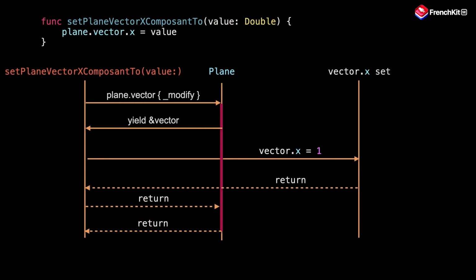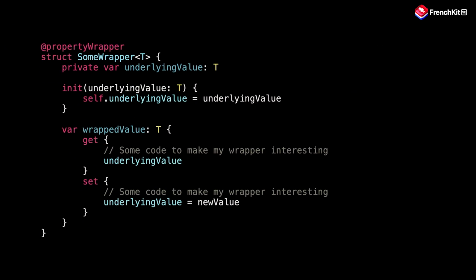And if you thought that this example was a bit far-fetched and you would never use something like this in your code, actually you might be using it also when you use property wrappers. Property wrappers heavily rely on computed variables, and most of them are using a stored variable and doing some work when you get the variable, then returning it, and doing some work before setting it and then setting it.